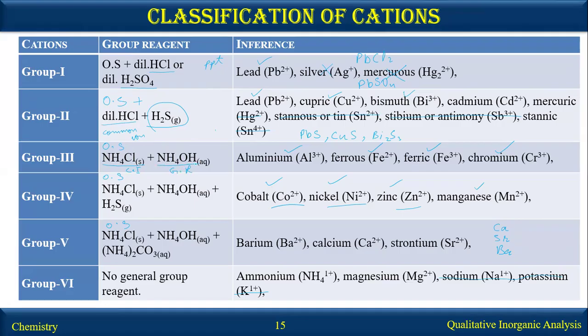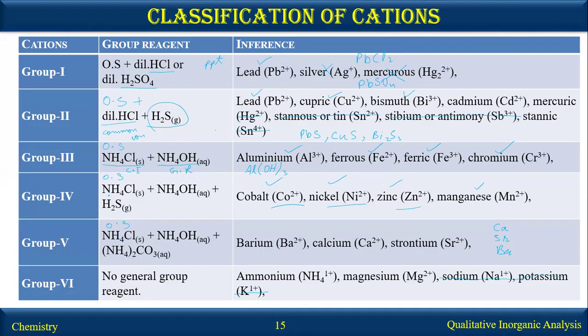This is the group reagent because these are identified by their hydroxide. If they give the characteristic precipitates of their hydroxide, then it means group 3 is present. If not, then it means group 3 is absent. If group 3 is absent, then go to the next.